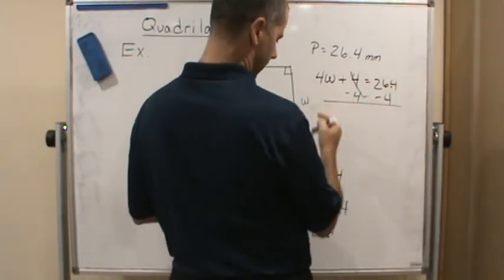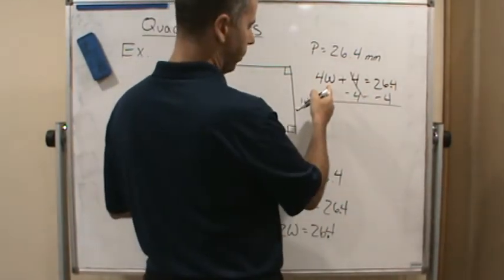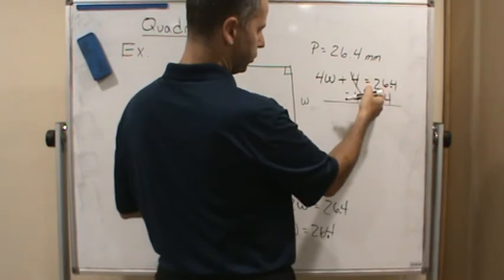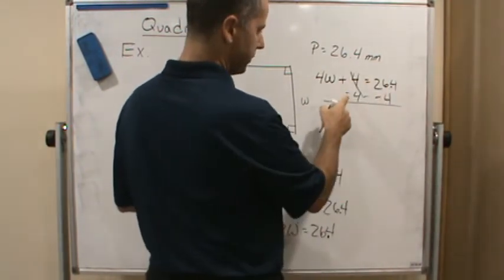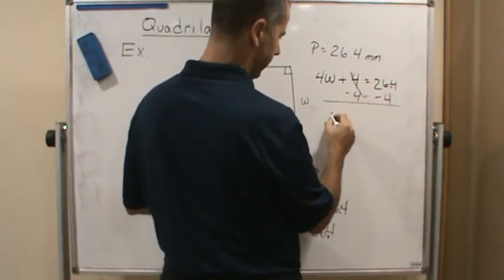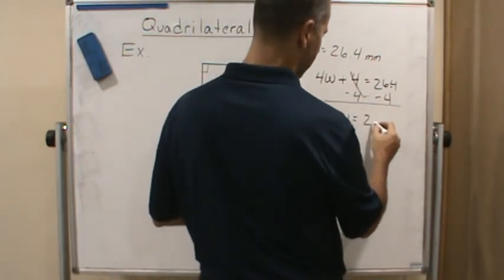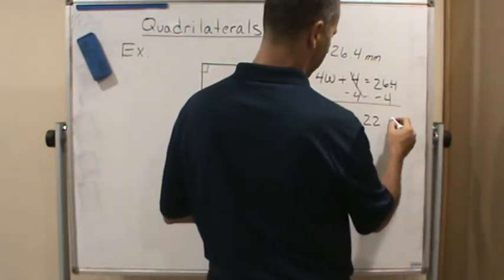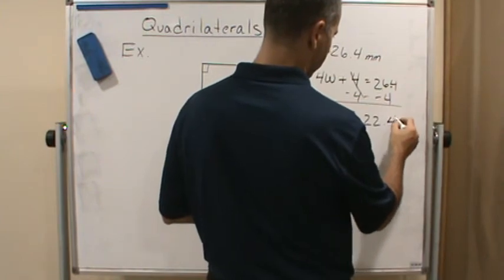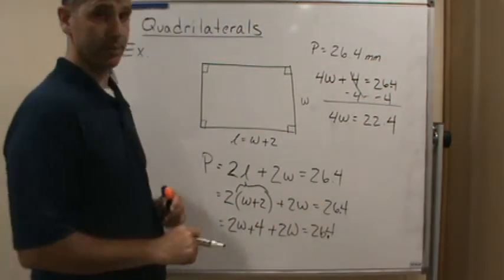Okay, so I dropped my decimal point back here. So now when 4W plus 4 equals 26.4, I'm going to subtract 4 from both sides, so I get 4W equals 22.4. Okay, now that's much better.